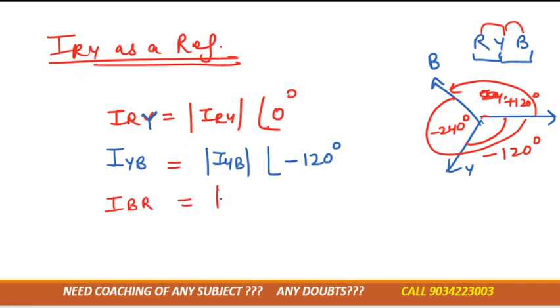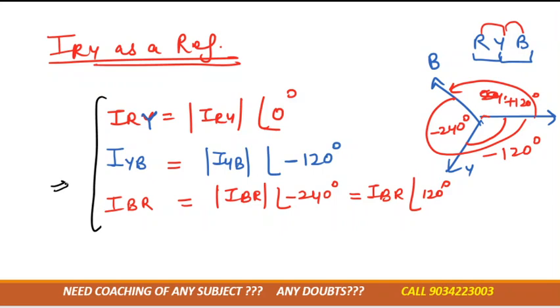IBR is how much? Mode of IBR, and angle: first is 0, then minus 120, then the other angle is minus 240 degree. Or we can write it like that also, IBR angle plus 120 degree. Understood? It is the same as we have done for the star connection. You can see the previous slide for the star connection. First angle is 0 degree, then the second angle is minus 120 degree.